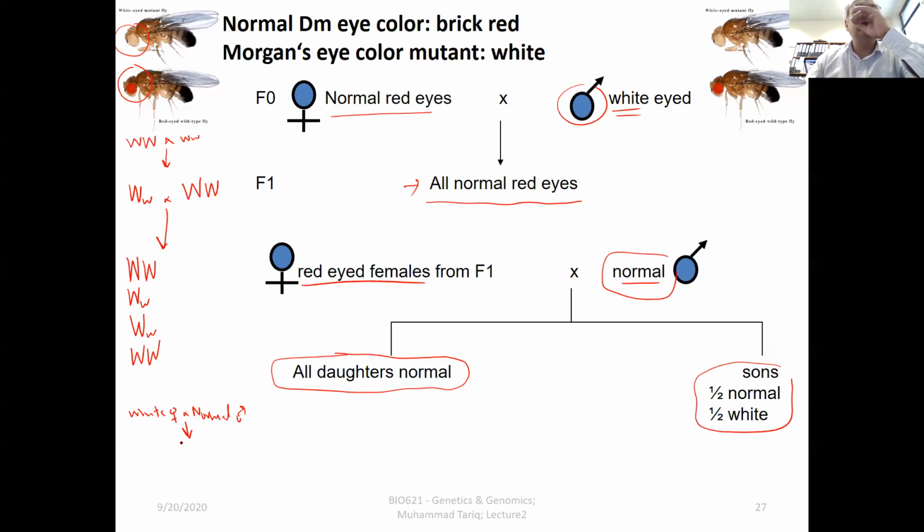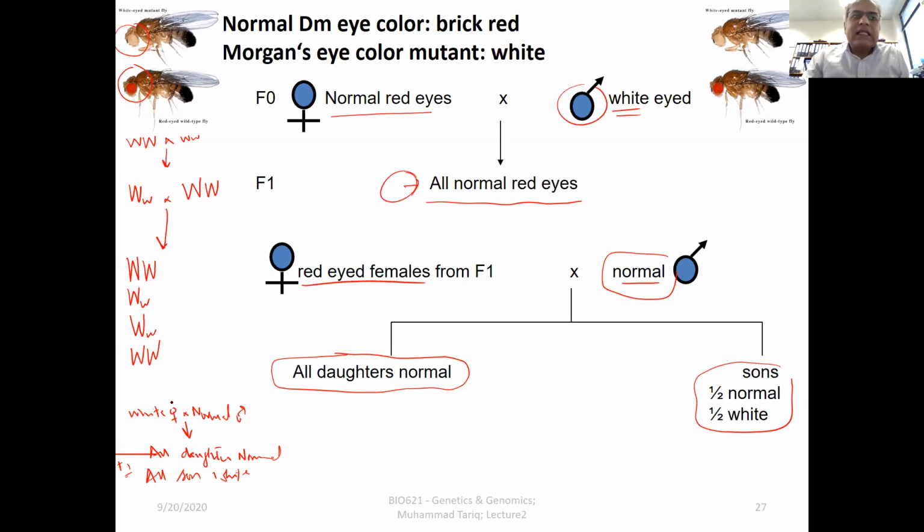What they received: all daughters normal, but all males, or sons, white, already in F1 at this stage. This was confusing.